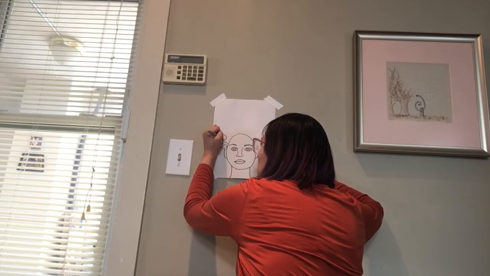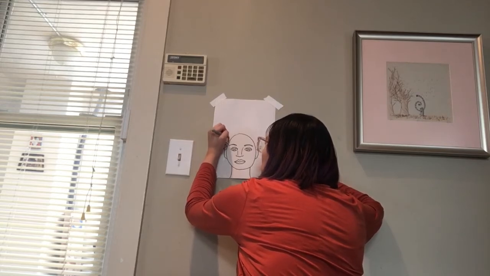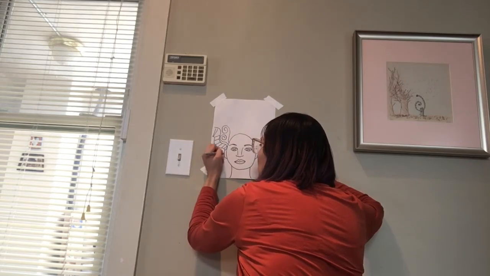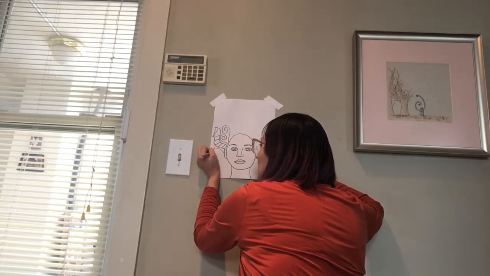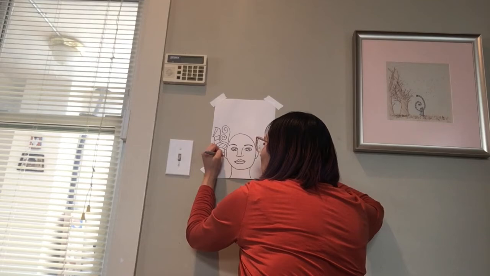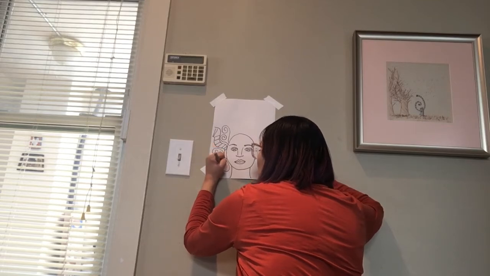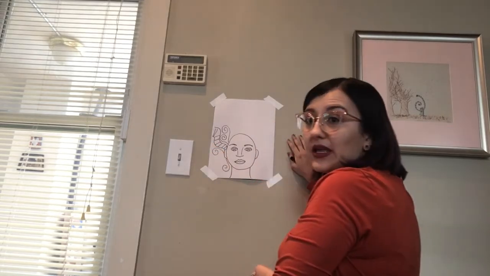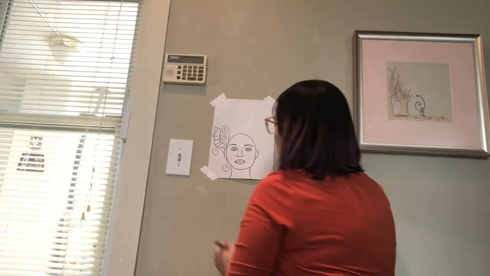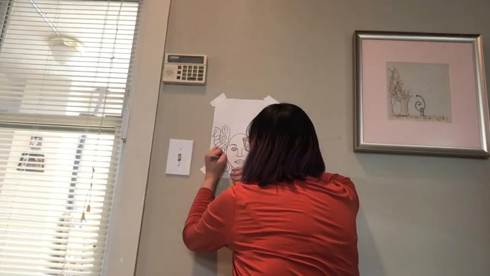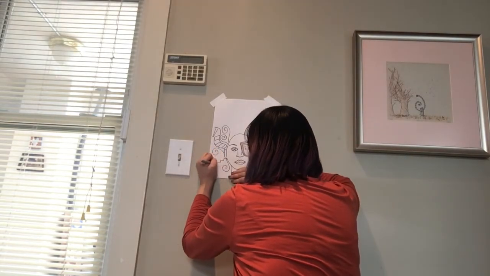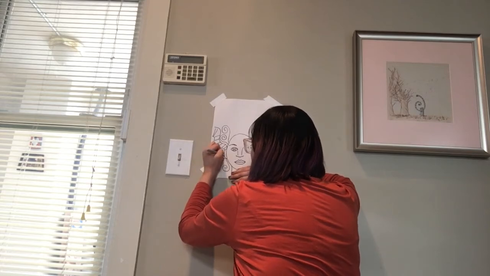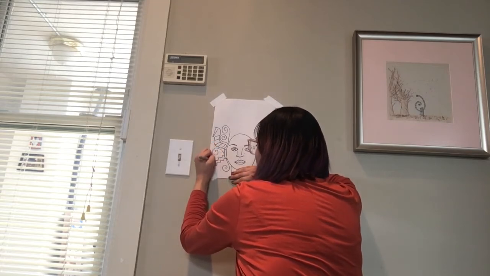Curly lines. But I want to see some real variety. I don't want to just see the same sorts of lines over and over. So mix it up. And you can fill the whole background with their hair if you want to.